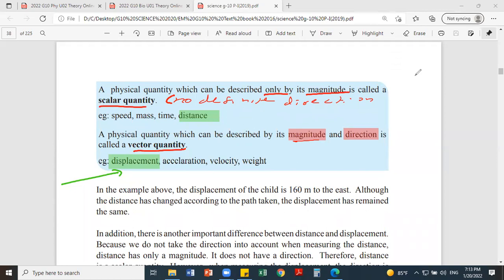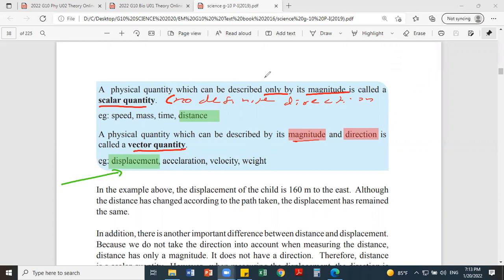Going from your house to the school is distance. Coming back from school to the house is also distance, not displacement. Unless you have a helicopter, you could go in a straight line through the air, but even that can sometimes have barriers. Okay, did you all understand?